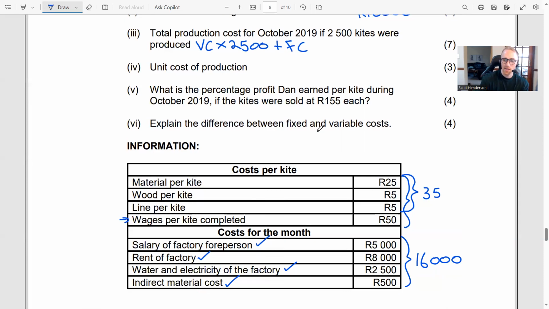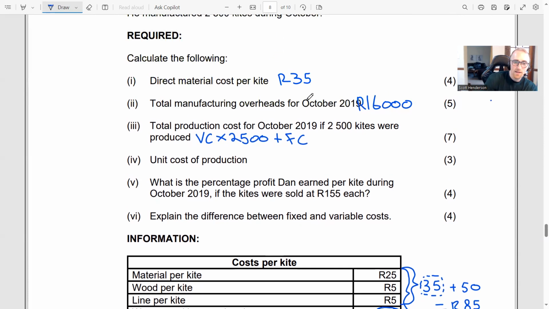Now, we worked out that our direct materials costs were 35, right? Here's 35, our direct materials costs. But our direct labor cost is 50. So we must add those together. 35 plus 50 is equal to 85 Rand per unit. That is the variable cost per unit.